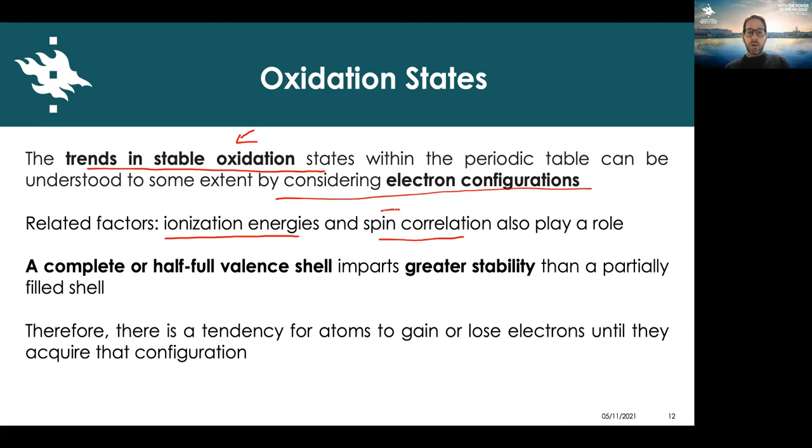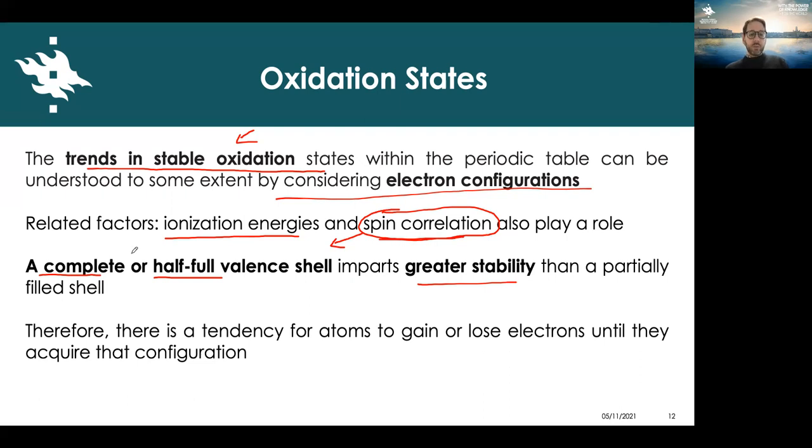In terms of spin correlation, it can be stated that elements having a complete or a half full valence shell have greater stability than a partially filled shell or partially filled electron configuration.